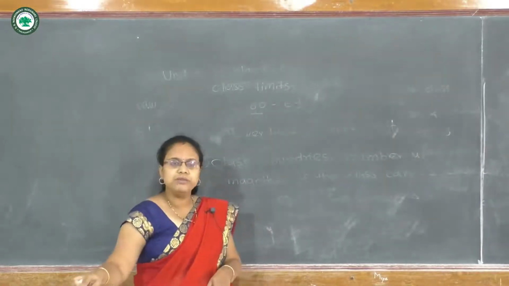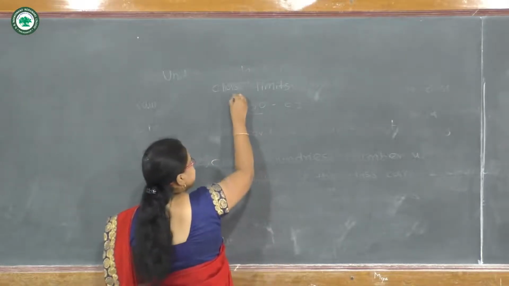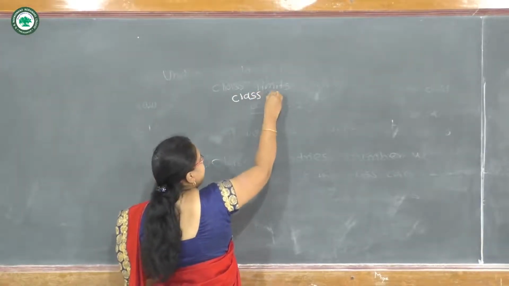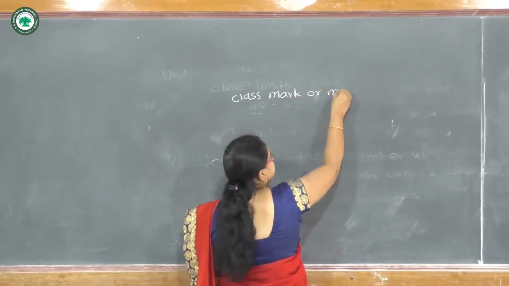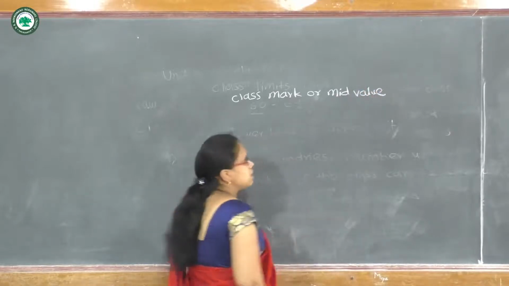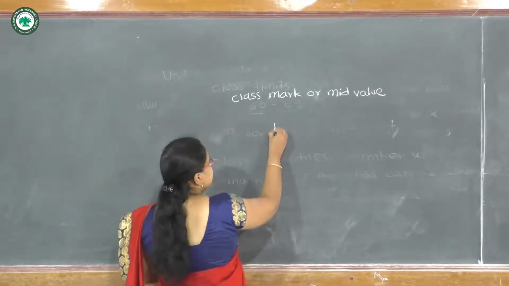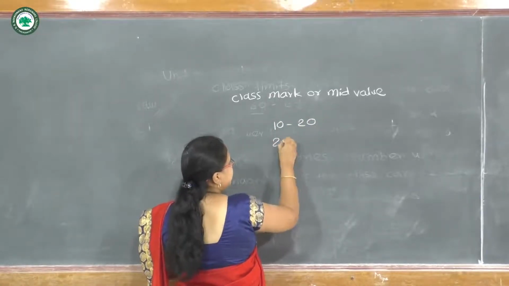The next point we will see is mid value or class mark. It is called class mark or mid value. Suppose this is the class 10 to 20 and 20 to 30.